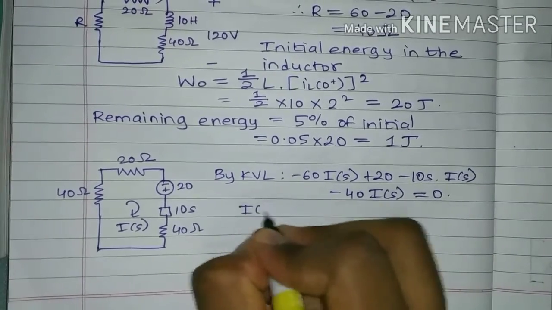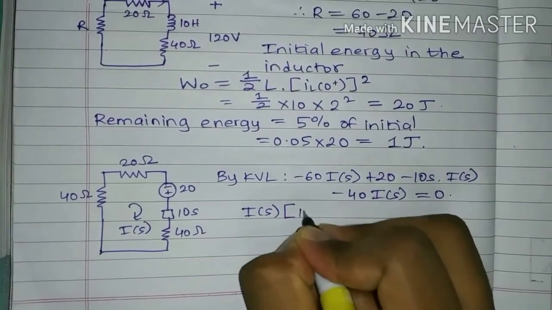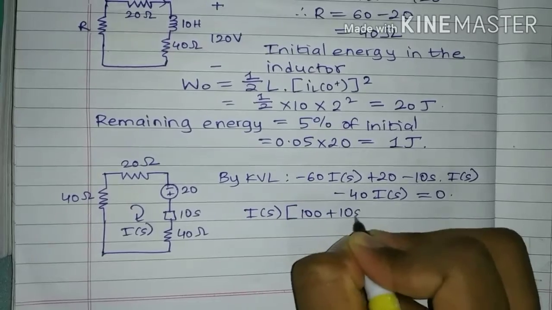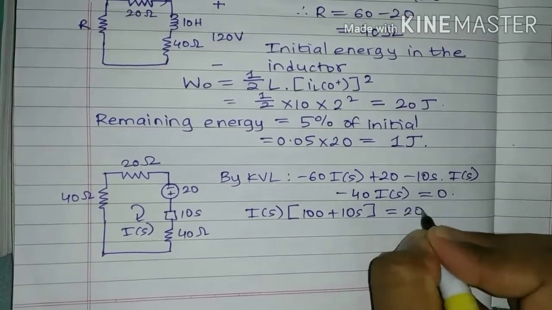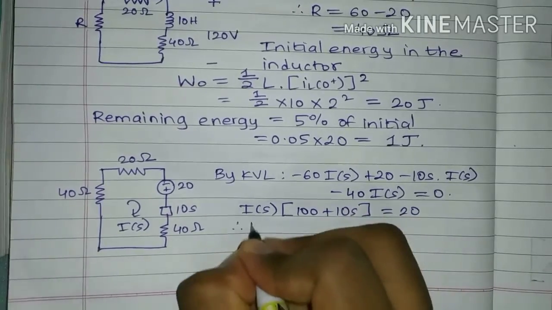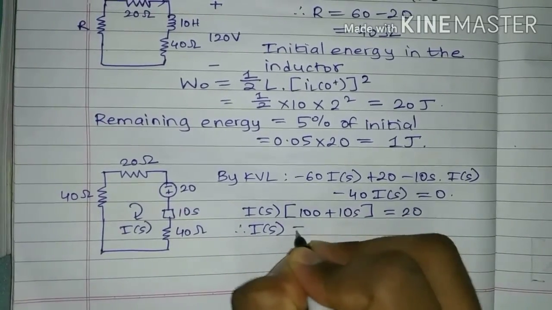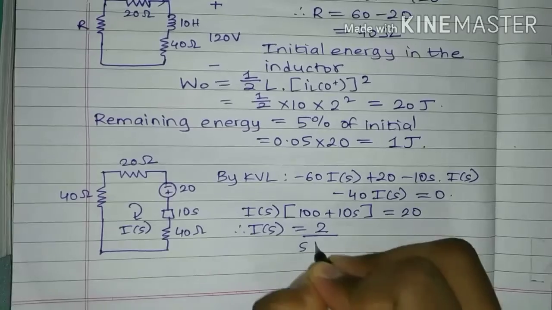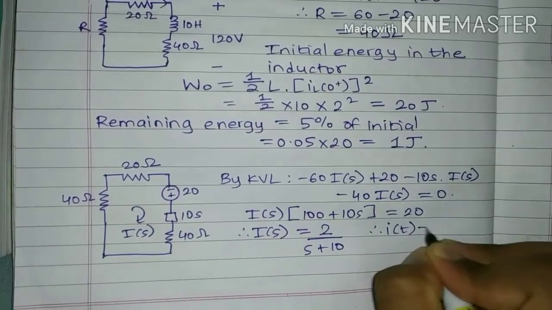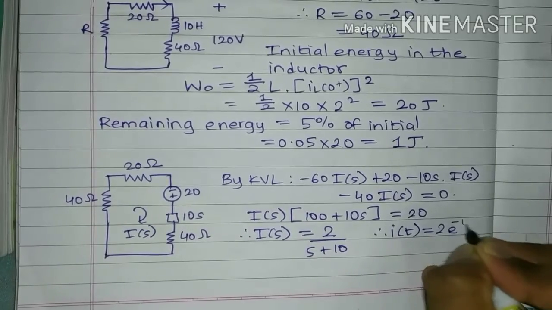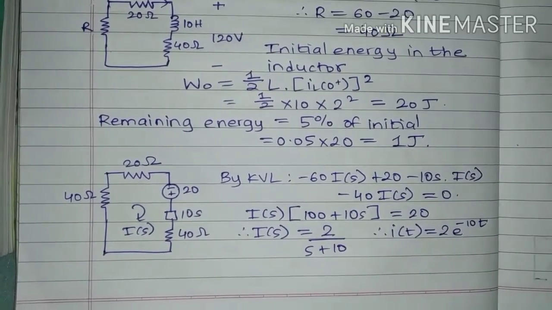Therefore I of s into 100 plus 10s is equal to 20. Therefore I of s is equal to 2 upon s plus 10. By taking the Laplace inverse, we get I of t is equal to 2 into e raised to minus 10t.